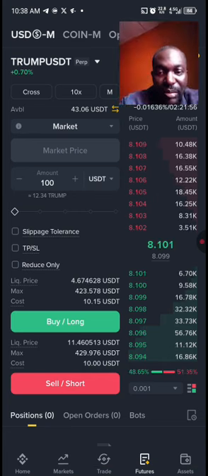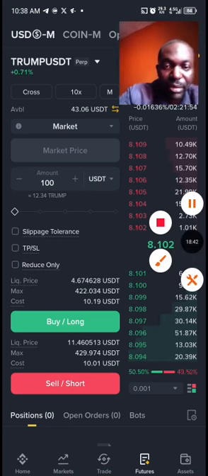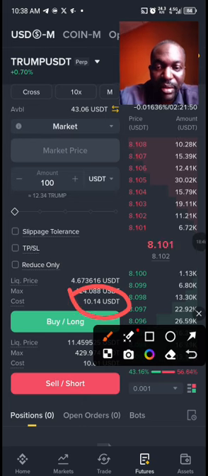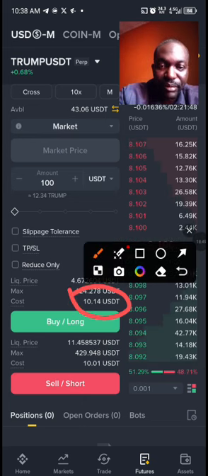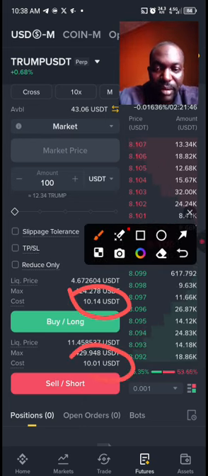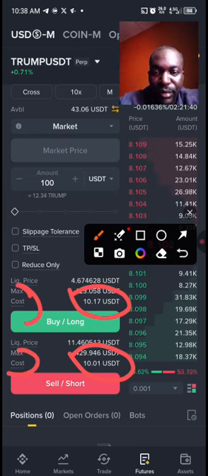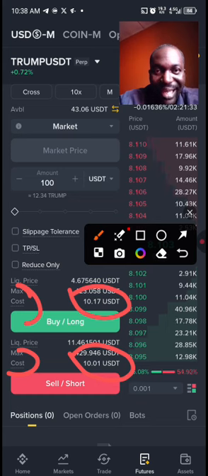And as you can see, if you look at this portion below, let me just highlight it for you. You can see it says the cost right here. That's the cost you are going to pay on your account balance for this amount of trade size.